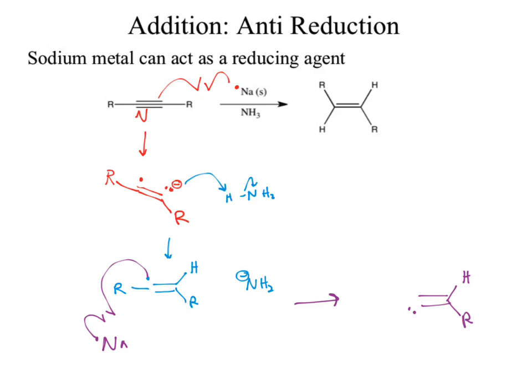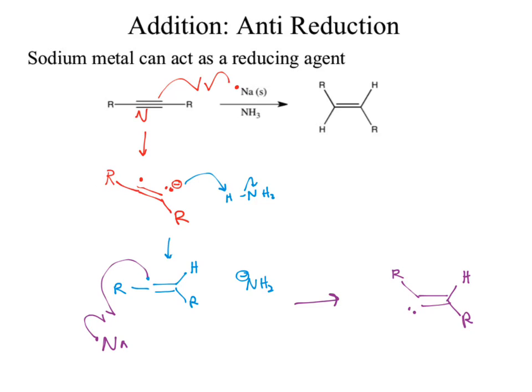So that hybridization is still sp, which means linear shape. The instant I give it another pair of electrons, I will now have 3 groups of electrons, which means it's now sp2 hybridized. Because it is sp2 hybridized, it changes the shape, so now the R groups come into play.